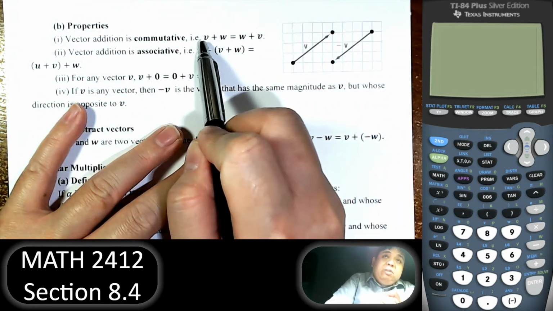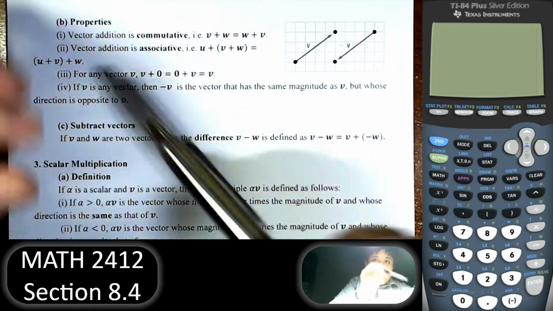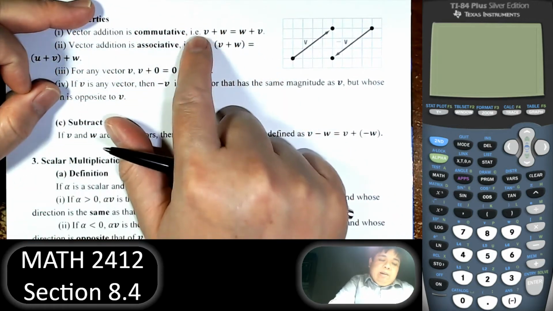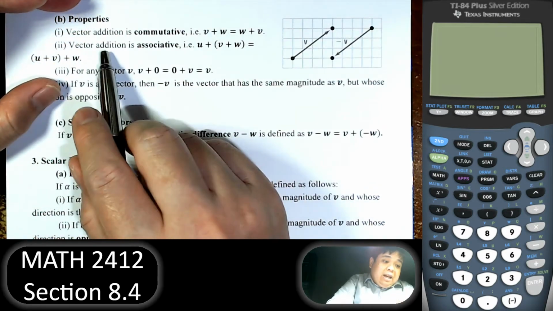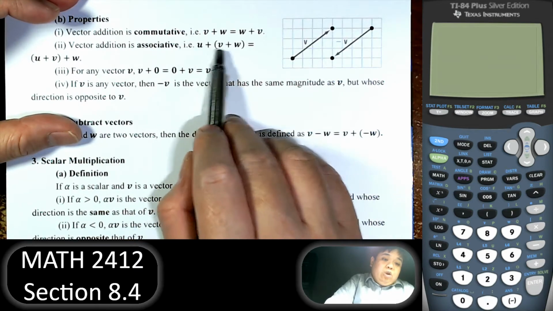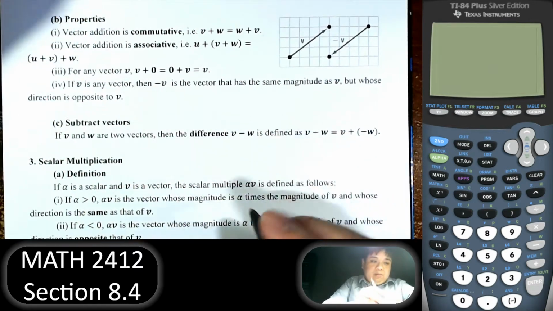So v plus w is equal to w plus v. Commutative means that you change the order of those in the sum. And vector addition is also associative, meaning that we change the parentheses.